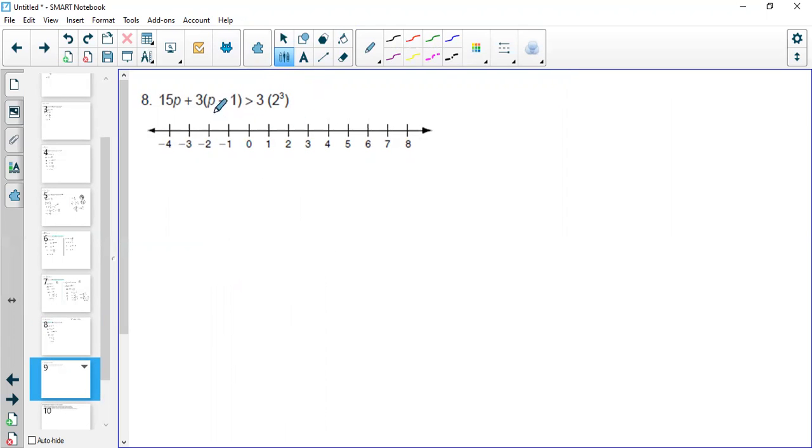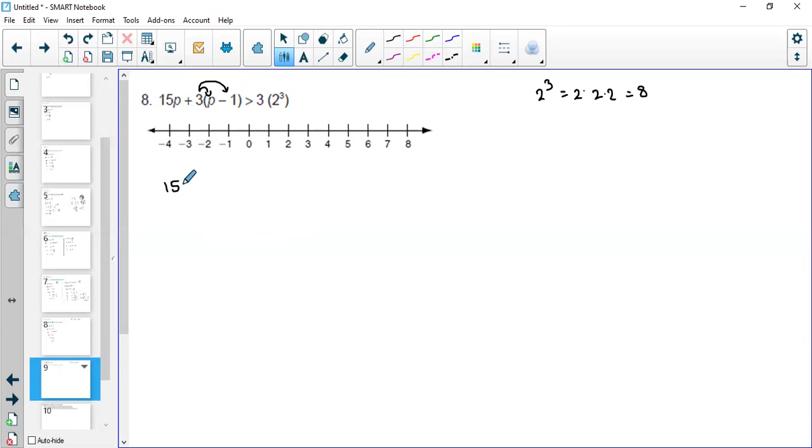Again, there is an exponent as well as we have to use the distributive property here. So first, let's remove this exponent from here. So 2 to the power of 3, which means 2 multiplied by 2 multiplied by 2, which is going to give us an 8, right? So similarly, we will again solve this. So we will simplify everything.